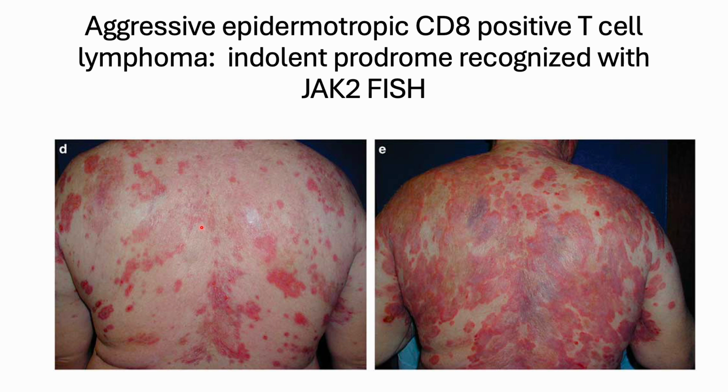And there are cases that are misdiagnosed as a dermatitis early on because of this indolent prodrome. One note of caution, there does seem to be some JAK2 fusion-driven mycosis fungoides. So unfortunately the picture may be going to get a bit more complicated when all the data's in.